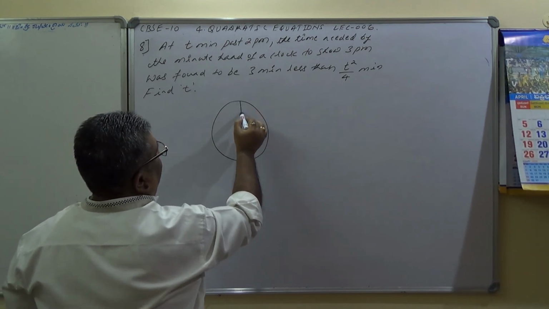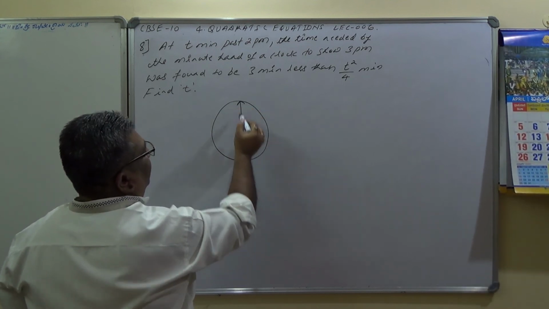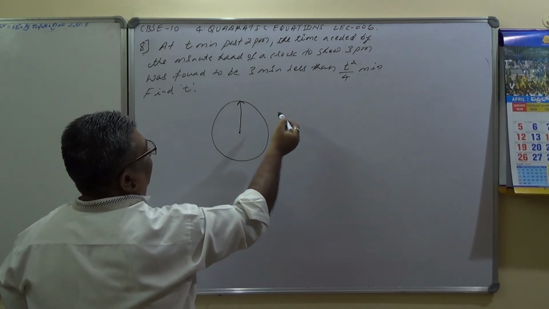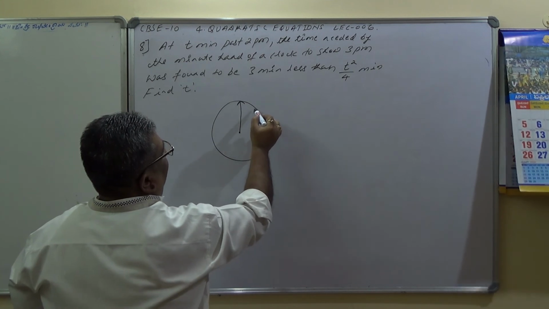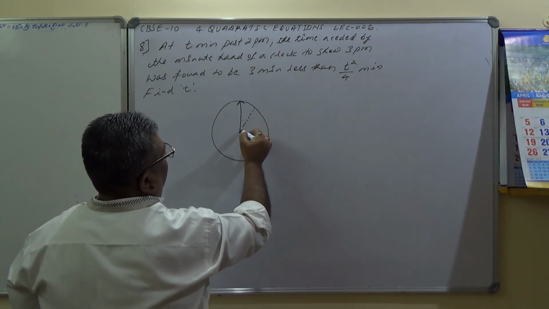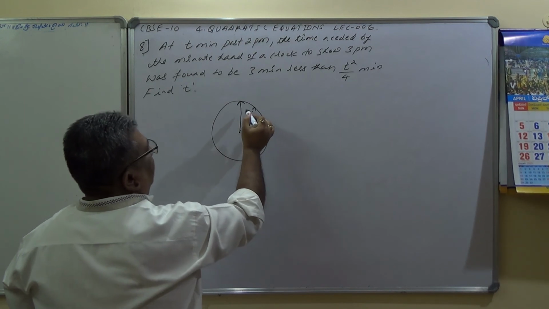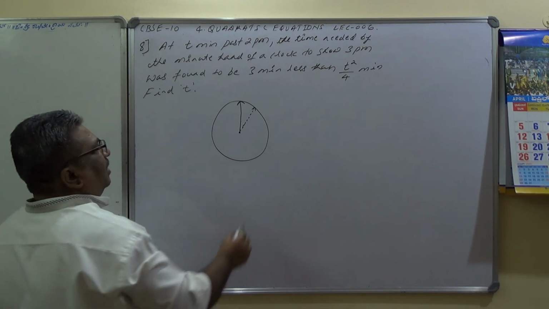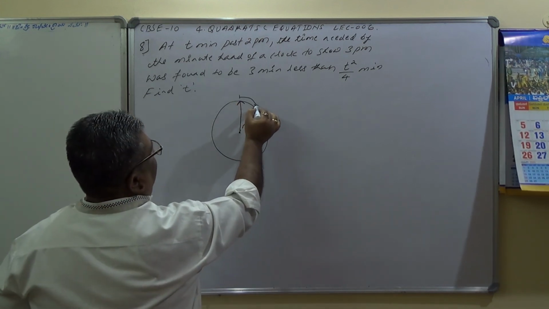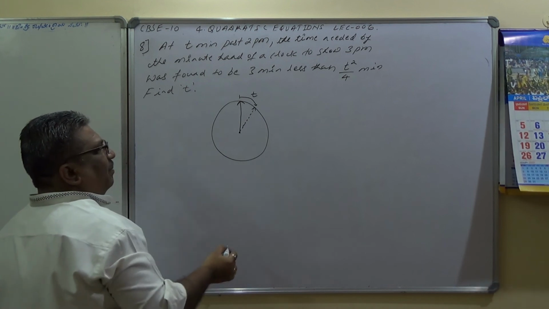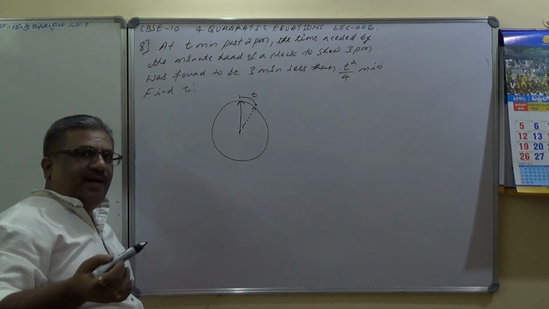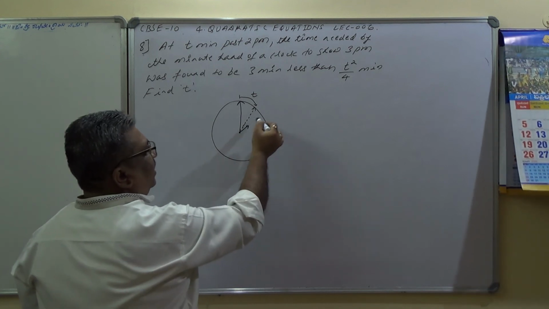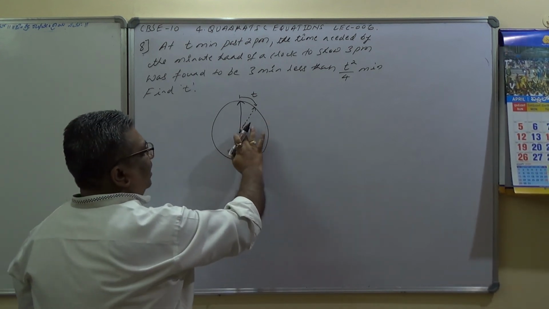Suppose at 2 p.m. this is the minute hand, t minutes past 2 p.m. So the minute hand comes over here. Suppose after 2 o'clock the minute hand has shifted from 12 to here. You got it? So this is t minutes past 2 p.m. What I am drawing here is the minute hand. Please remember, where is the small hand? The small hand is somewhere around 2 o'clock, somewhere here. Don't bother about that hand.